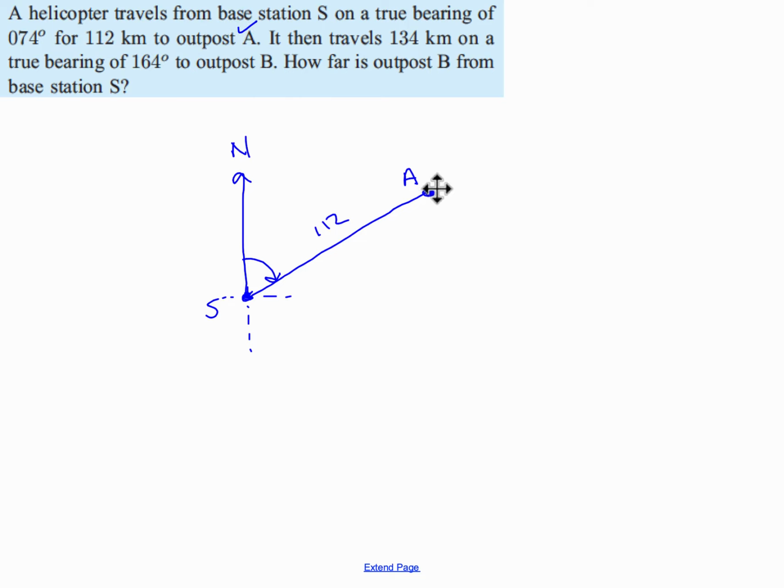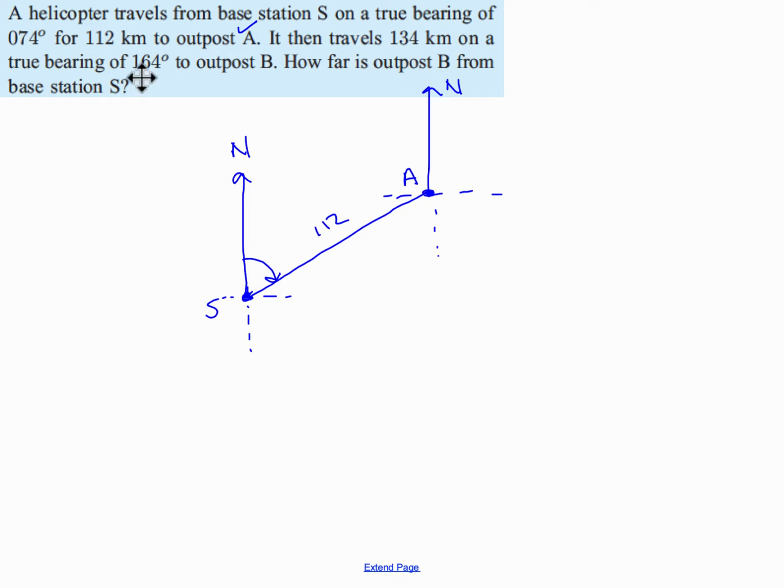So from A, it then travels 134 kilometers on a true bearing of 164 degrees. So now we have to do this all over. Okay, here's north. And just before we move forward, a ray drawn north is parallel to another ray drawn north. They're both going north. Doesn't that make sense? Okay, and put in my little dotted lines for east, west, and south.